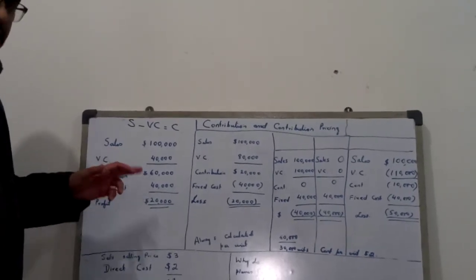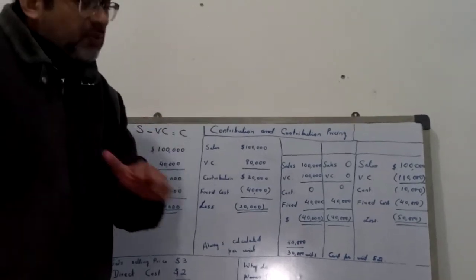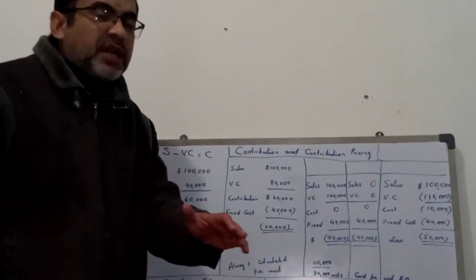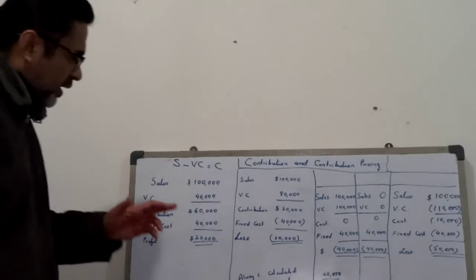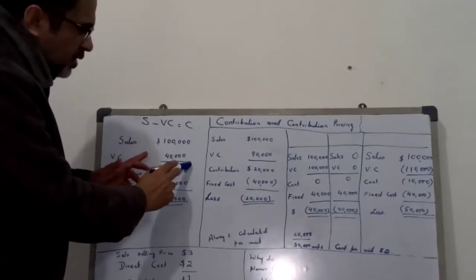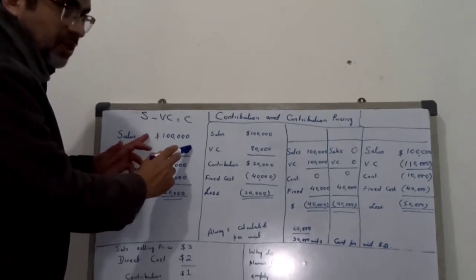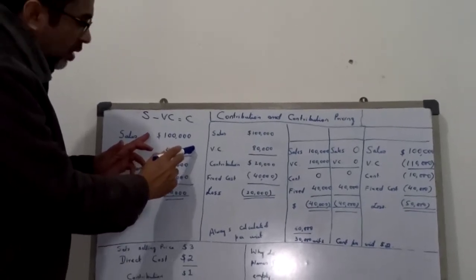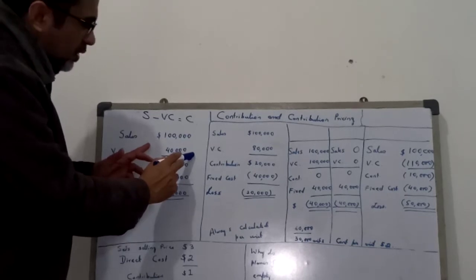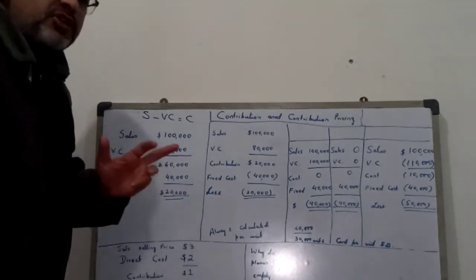Its variable cost, now we are not minusing the total cost. If we minus the total cost, we will straight away reach the net profit. But we are not doing that. What we are doing is dividing the total cost into the 2 components, variable and fixed. 100,000 is the revenue, 40,000 is the variable cost. The difference between the two, 60,000, is the contribution.